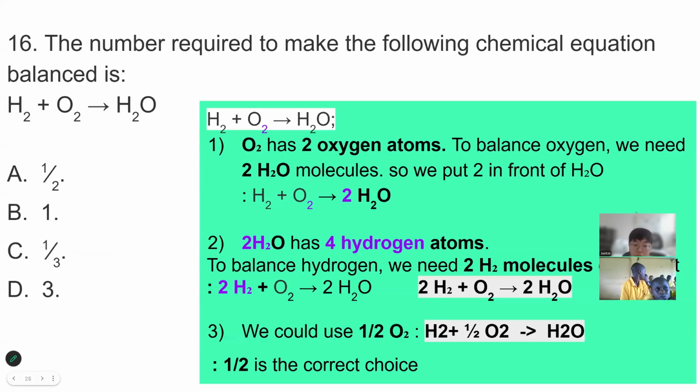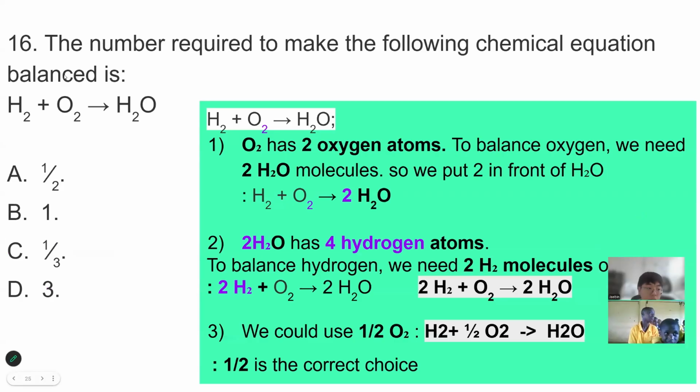Okay, let's look at this example. The number required to make the following chemical equation balanced is, what do you think? What number should go in front of O2?